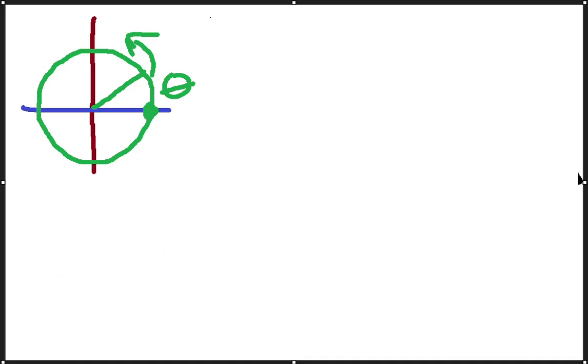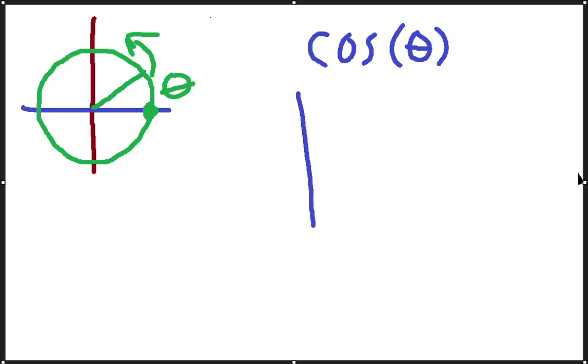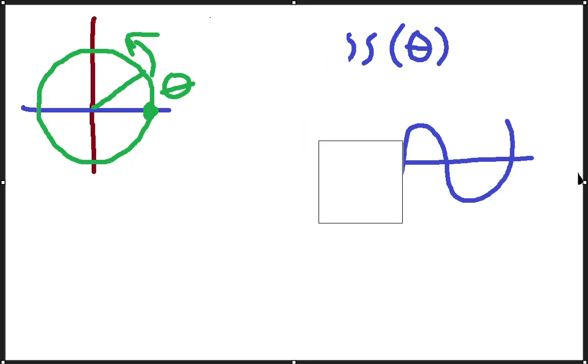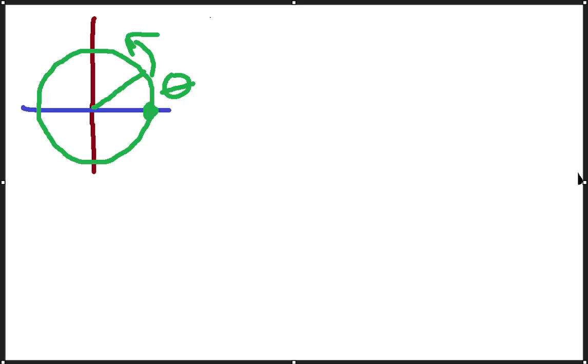If you might know anything, you might think this is a bit like a cosine wave. Because if you recall, cosine of theta looks a little bit like this. This is the graph: it'll start off here, go down and up, down and up as theta progresses. We're going to do exactly that, but we're going to rotate it and put it over here.